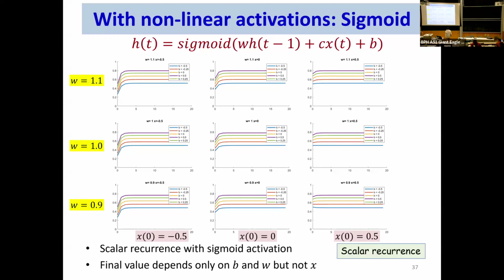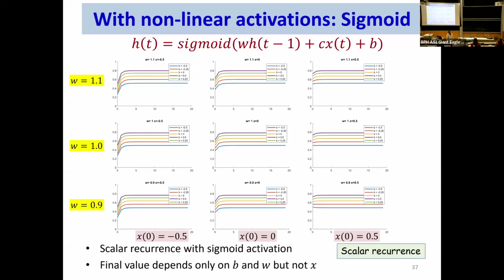The second row is the same thing for weight 1, and the one on top is the recurrent response for weight 1.1. And the first column is the response that you get when the initial x value is minus 0.5. The second column is the response when the initial x value is 0. And the third column is the response when the initial x value is plus 0.5.